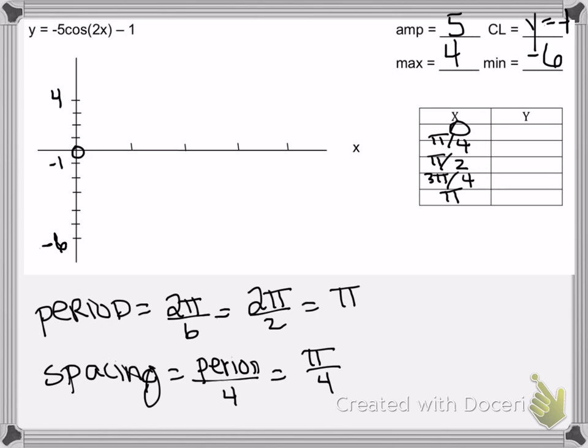So that is how my x-axis must be labeled. Once we do that and my center line has been drawn in, then I'm ready to graph. So since it's a negative cosine, I start down at my min, center line, max, center line, min.